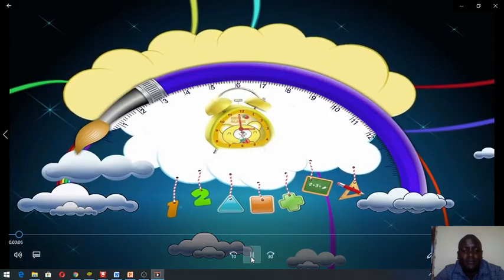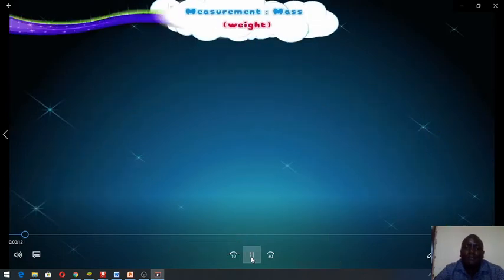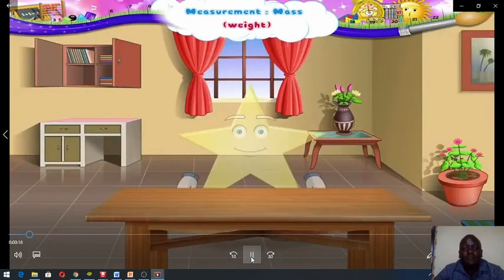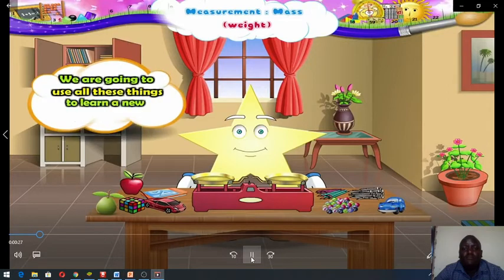Measurement. Mass, weight. What are you staring at, Starry? Oh, the things kept here. We are going to use all these things to learn a new concept in maths.